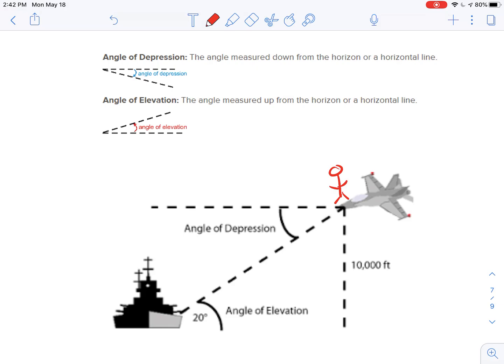Okay, the horizontal line is in line with your eyes, and your view is this diagonal to the ship, whereas angle of elevation would be looking up from a horizontal line. So that would be as if you were on the ship and you were looking up at the plane. The horizontal line is usually the floor of some sort, and again, the diagonal is going to be your line of sight.